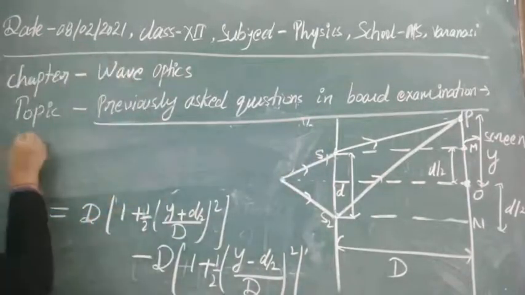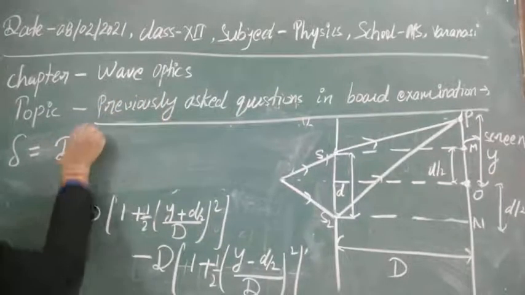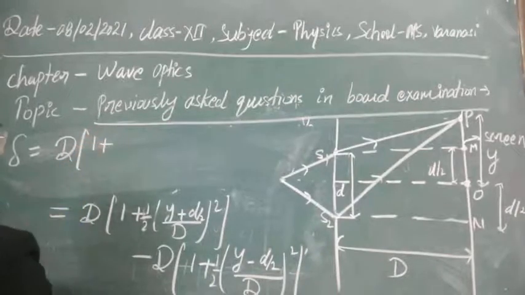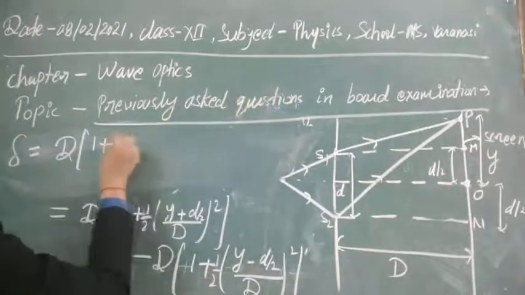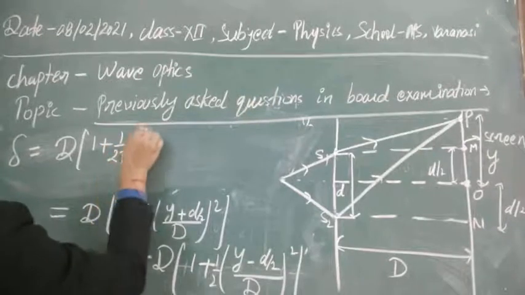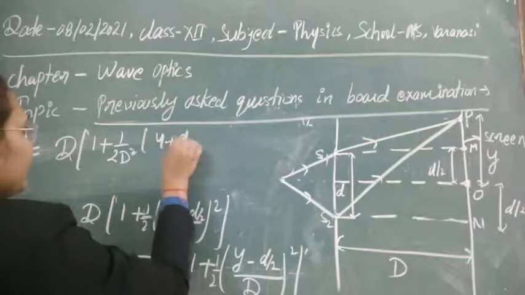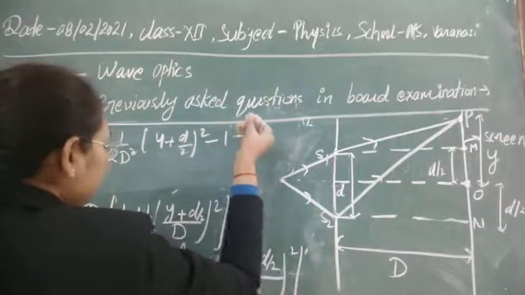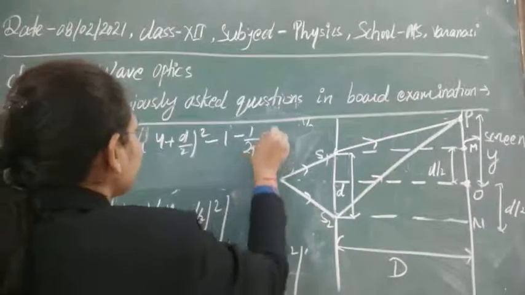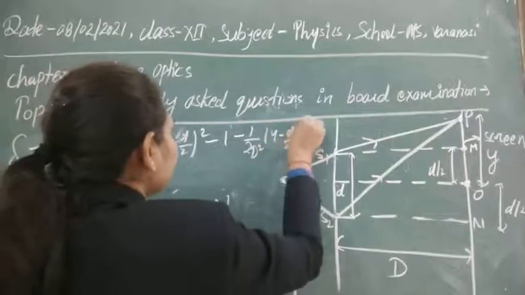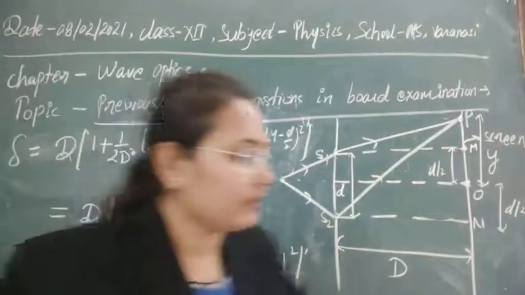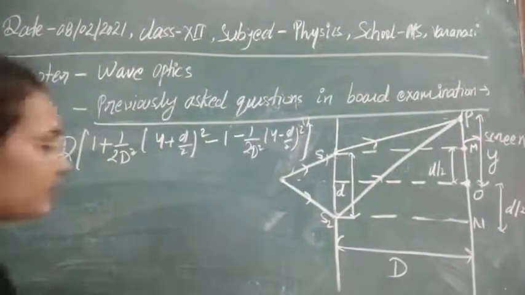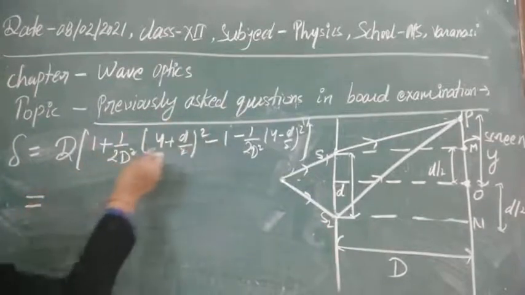If we expand it, delta is equal to, taking D as the common factor, 1 plus 1 by 2 D square times y plus d by 2 whole square, minus 1 plus 1 by 2 D square times y minus d by 2 whole square. Now you can solve it yourself and you will see that some terms cancel out after expansion, and again 1 is cancelled out.